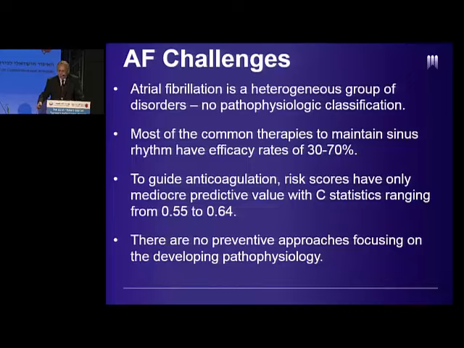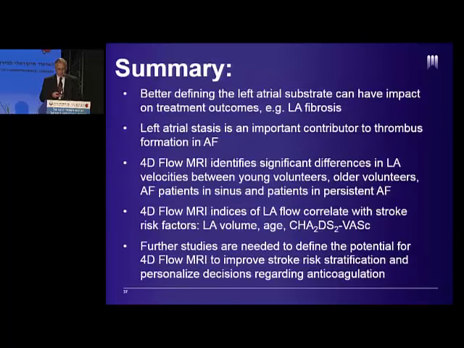Most of the common therapies to maintain sinus rhythm have efficacy rates between 30 and 70%. Our anticoagulation risk scores have fairly moderate predictive values, and there are no real preventive approaches yet focusing on the developing pathophysiology. So I think better defining the left atrial substrate can have an impact on treatment outcomes.